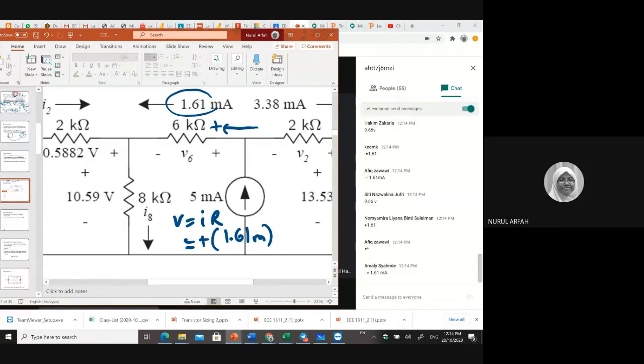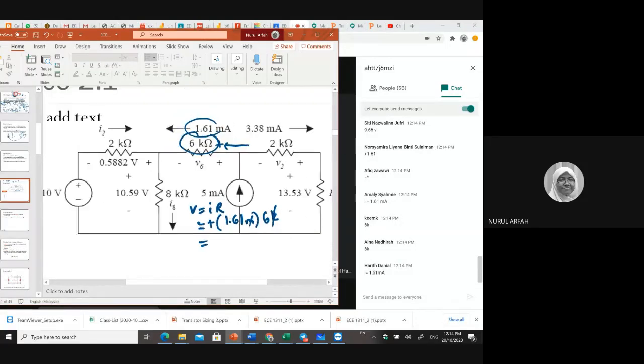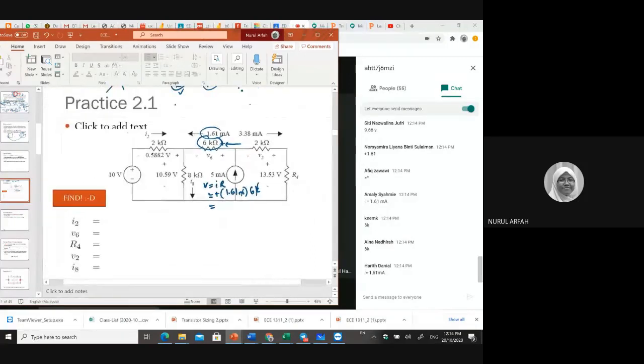And then what is the R? This one, obvious. So 6K. Over here, you have a milli and K, you can just cancel and do the calculation and you get the answer. I think 9.66, right? I think so.